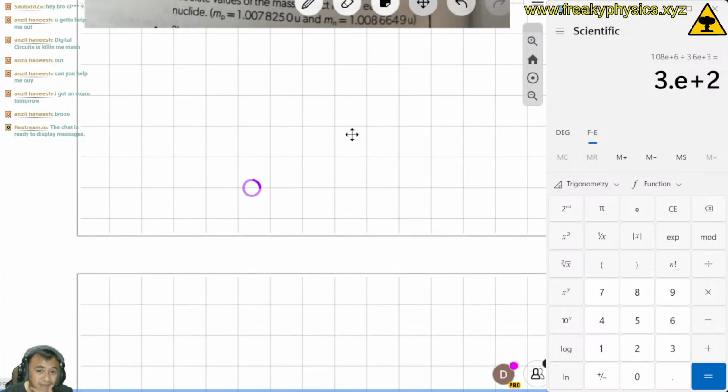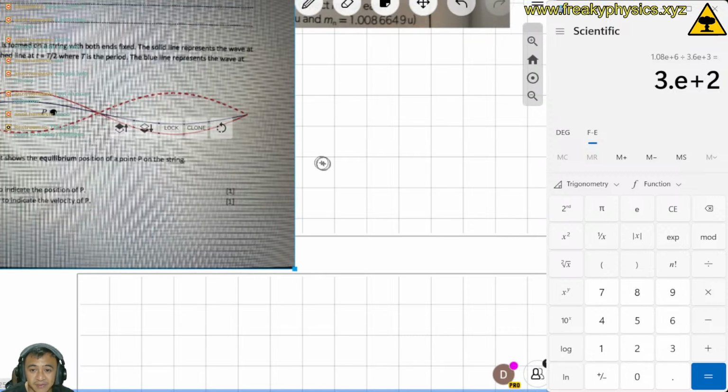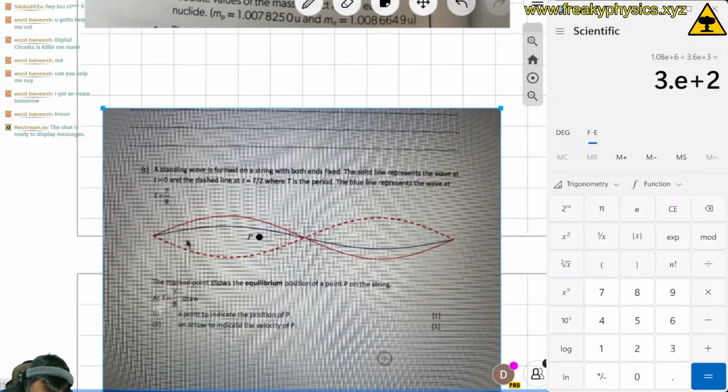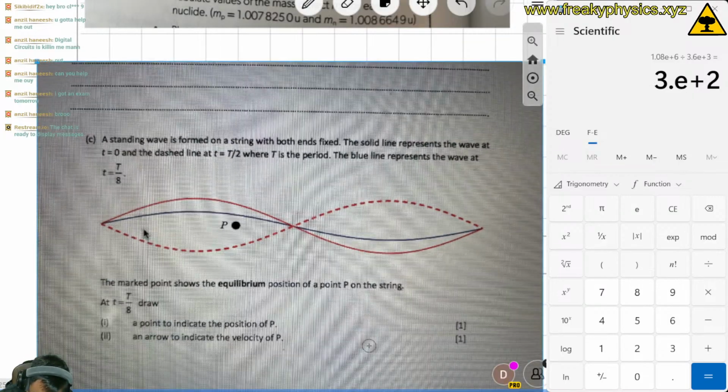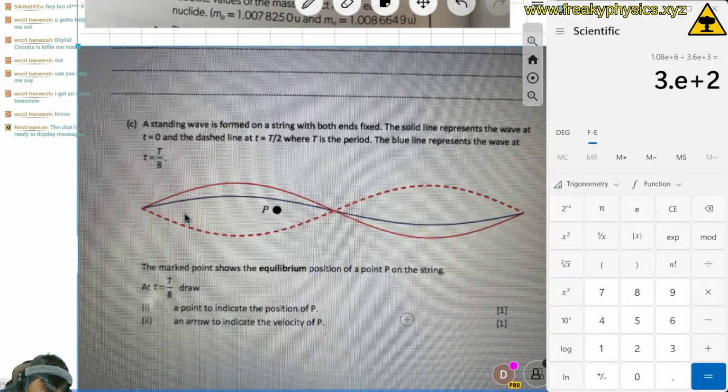Again, you have the standing wave sitting there. The solid blue line represents the wave at t equals 0. The dashed line is t equals 1/2 of the period. The other blue line represents t equals period over 8. I don't know why it's not that clear, I think we need to zoom in.